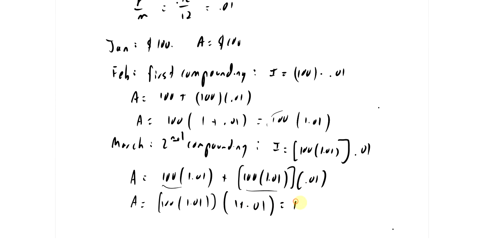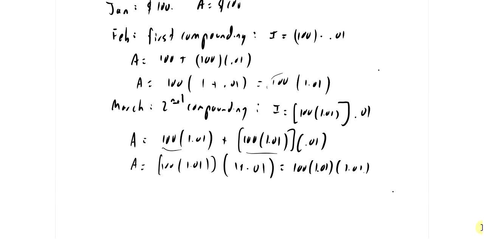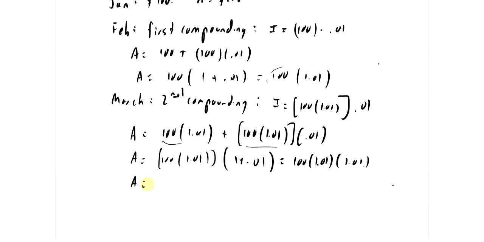So I get 100 times 1.01 times, well, this is another 1.01. Right. These two, that was the previous balance, this is the effect of the interest. So after two compoundings, what do we have? A equals 100 times (1.01) squared.